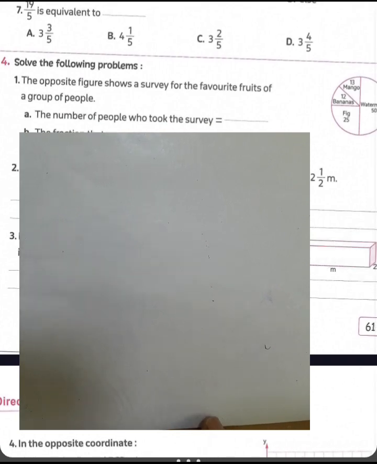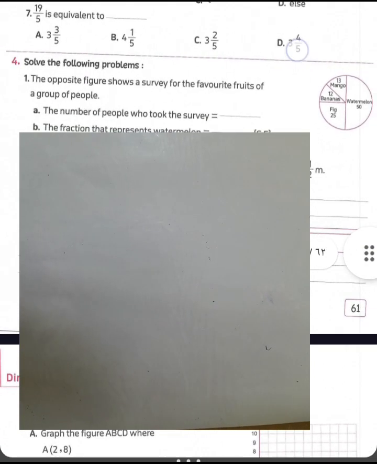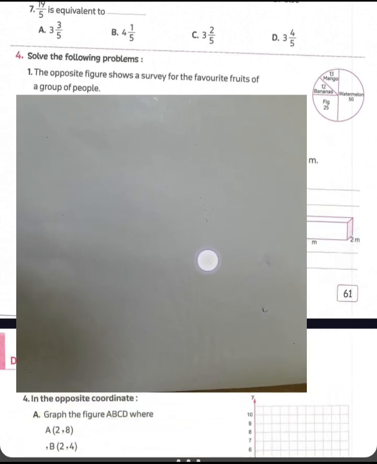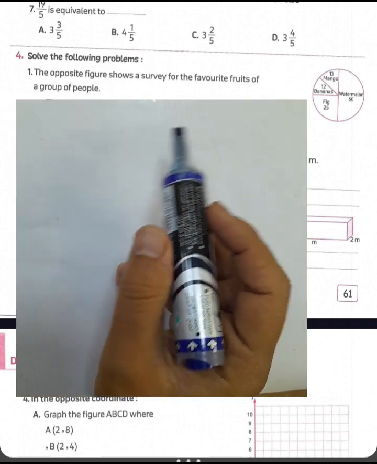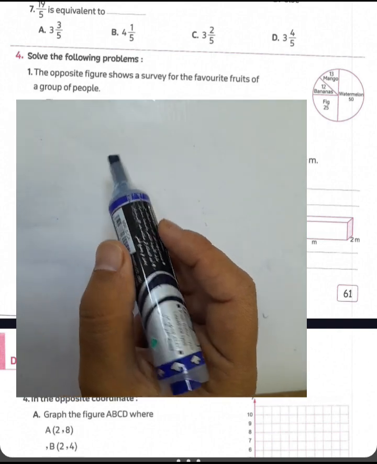Solve the following from this circle. Question number 1. The opposite figure shows a survey for the favorite fruits of groups of people. The number of people who took the survey.